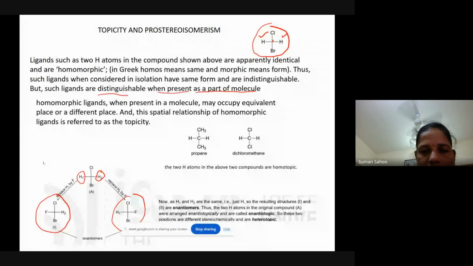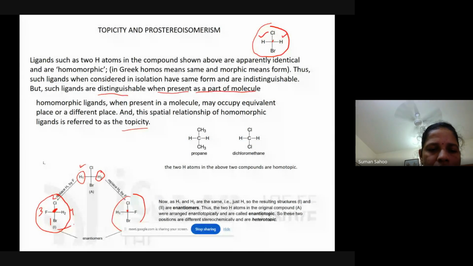Now this carbon contains four different ligands, so this is a chiral carbon. And these two are enantiomers; they are no longer the same. That means the position of this hydrogen, although homomorphic, is not the same position. This special relationship between these two hydrogens is known as topicity. Here is the first priority, second, third, fourth.